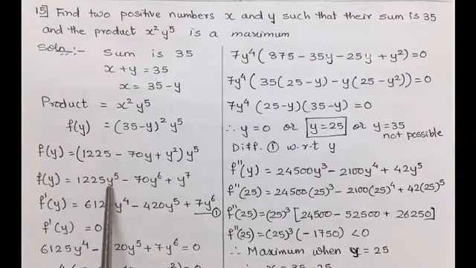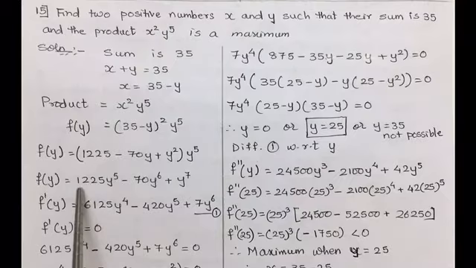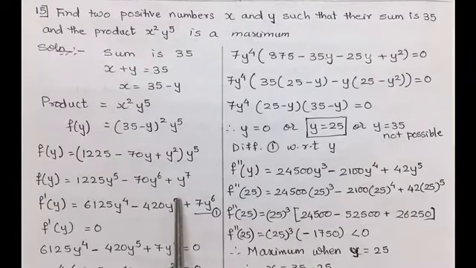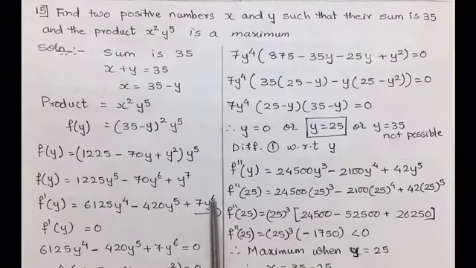Differentiating this with respect to y, we get f dash y is equal to, if you multiply 5 with 1225, we get 6125 y raised to 4, minus 420 y raised to 5, plus 7 y raised to 6. This is the first derivative.